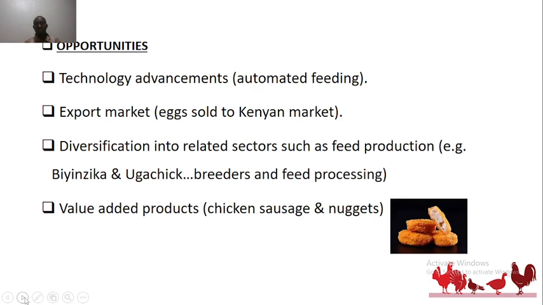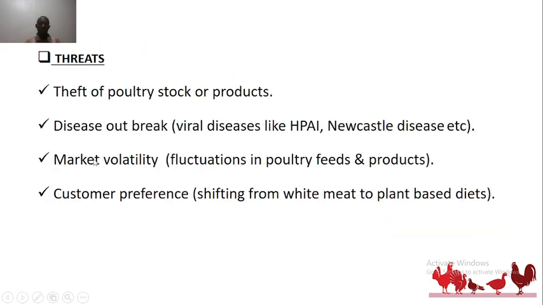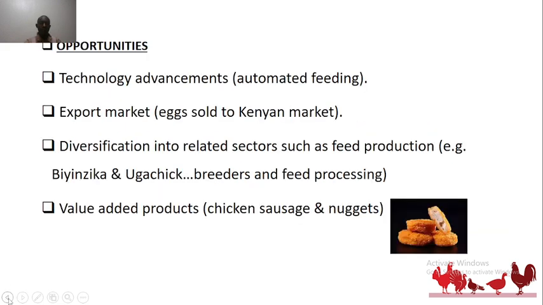The opportunities among us: we have the export market. For example, our products are being sold to Kenya. That's an opportunity. We have diversification, whereby within poultry you can do various sectors. For example, you can be in feeding, in export of day-old chicks, in breeding, or you can do them at the same time.